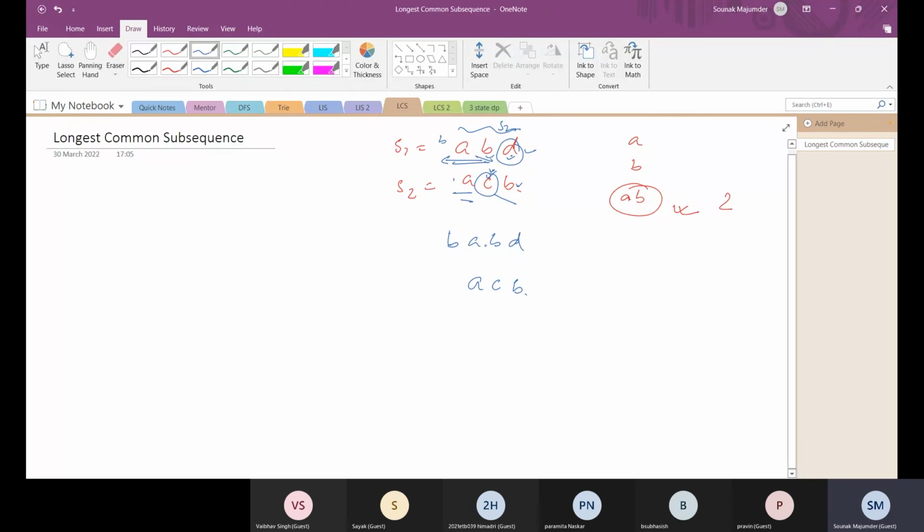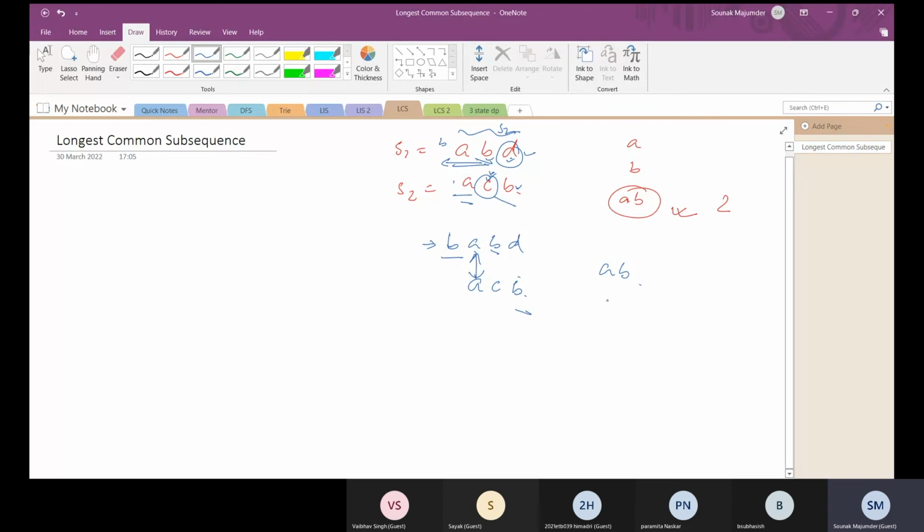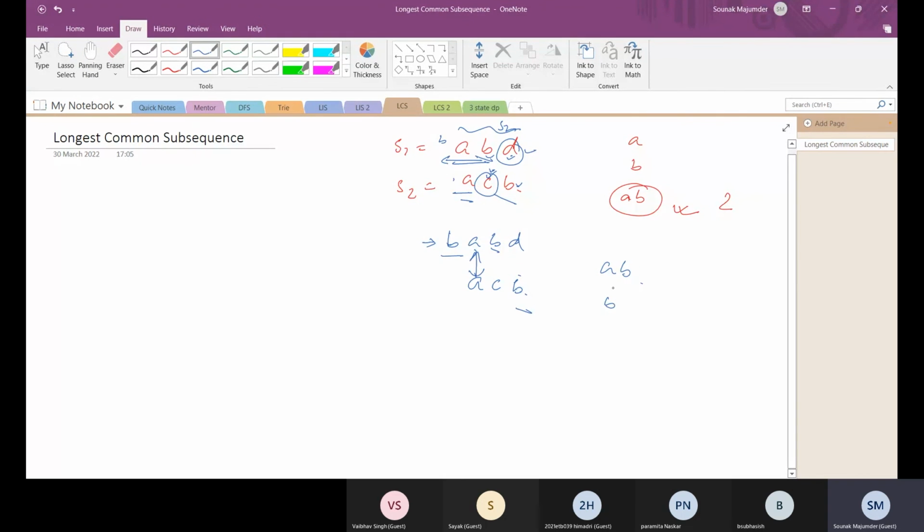So instead of matching this B with this B, if I match this B with that earlier B, then previously there is one matching element, right? A. So if we match this B with this B, then the LCS becomes AB. But if we match it with the other B, there is no element previous to that, and obviously non-matching, so the LCS becomes B, which is obviously less.